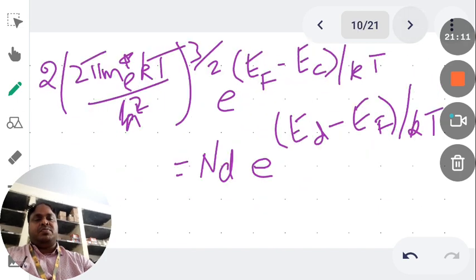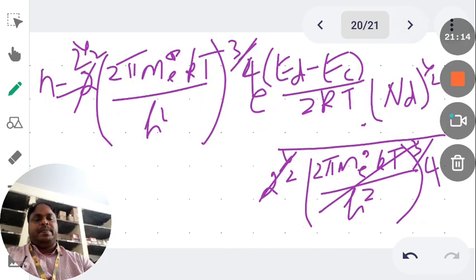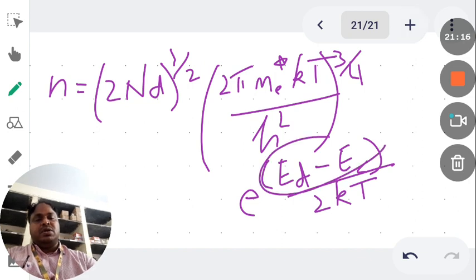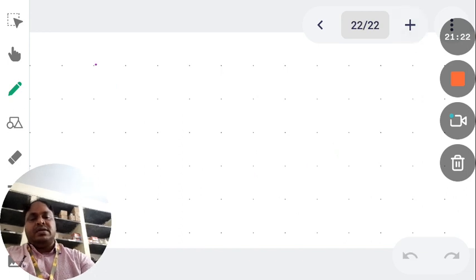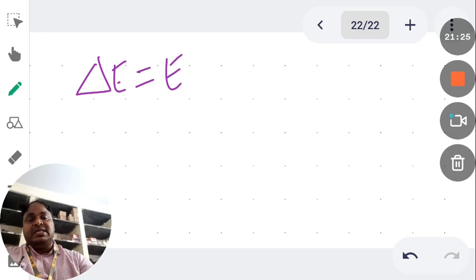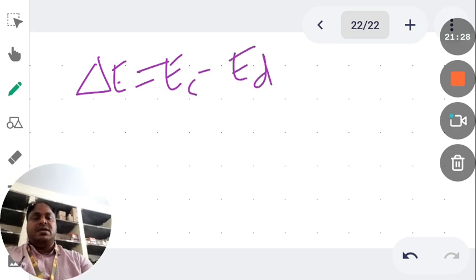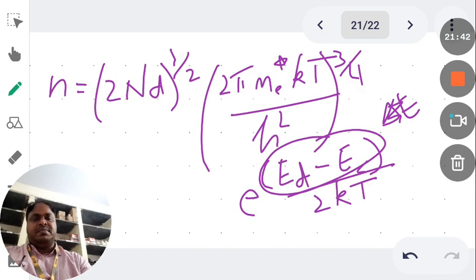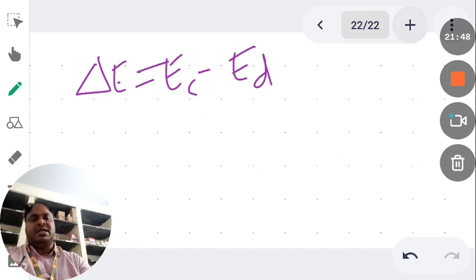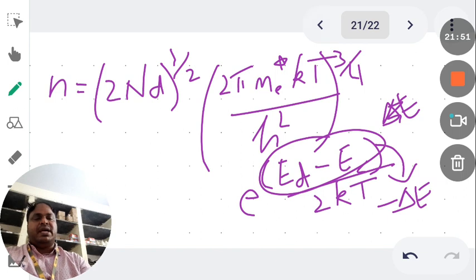So let me take this one as delta E. Delta E is nothing but EC minus ED, the ionization energy required for a donor electron to move from the donor energy level to the conduction energy level. So the previous equation will become minus delta E, since it is ED minus EC, but delta E is equal to EC minus ED. So you'll get minus delta E.